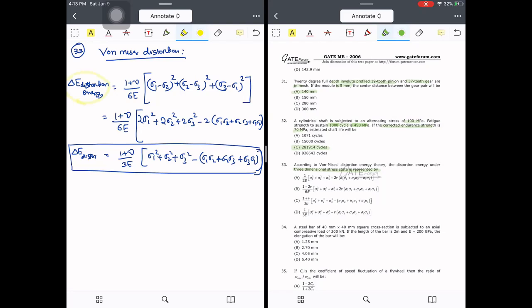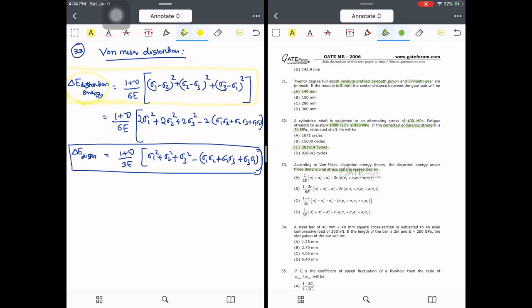Now question number 33. According to von Mises distortion energy, the distortion energy under the 3-dimensional stress state is represented by, the change in the distortion energy is given by (1 plus mu) divided by 6E into (sigma 1 minus sigma 2) whole square, plus (sigma 2 minus sigma 3) whole square, plus (sigma 3 minus sigma 1) whole square. If I evaluate it completely, I found it is 2 sigma 1 square plus 2 sigma 2 square plus 2 sigma 3 square minus 2 sigma 1 sigma 2, sigma 2 sigma 3, sigma 3 sigma 1.